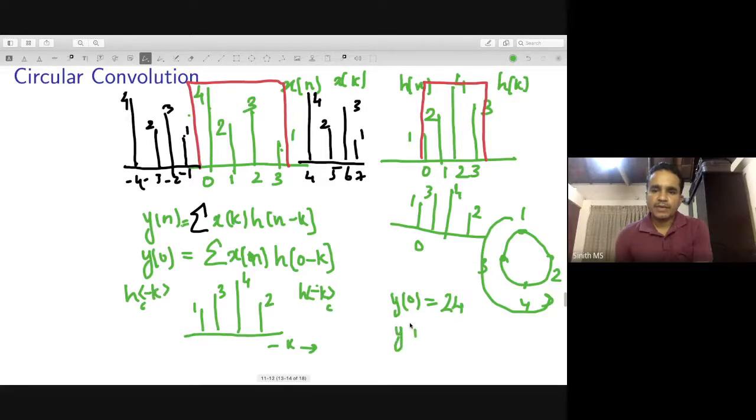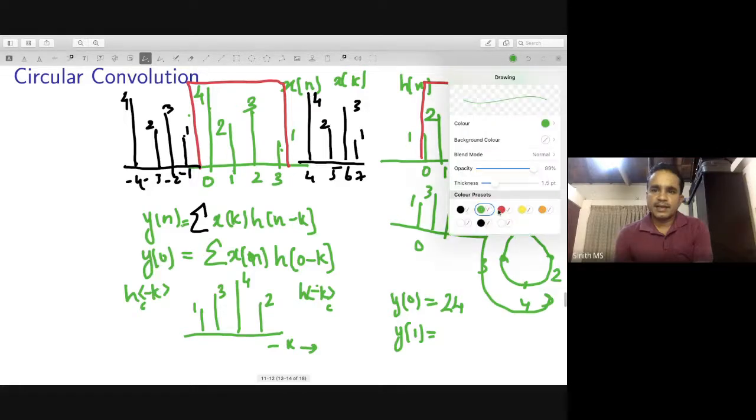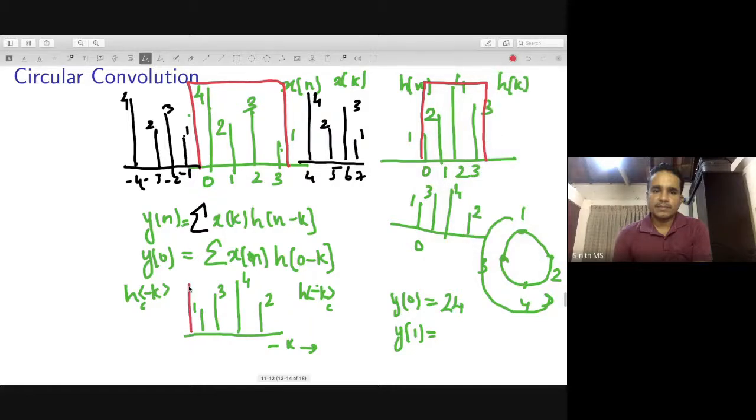Now how will you get y[1]? You do a circular shift to the right side. I'll put the frame here so that you don't get confused. This is the frame. We are concerned only about the frame, though actually you have values here. When you do normal shifting and normal time reversal, all these values are coming in.